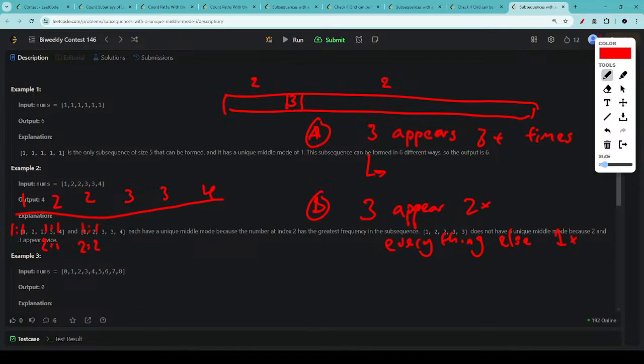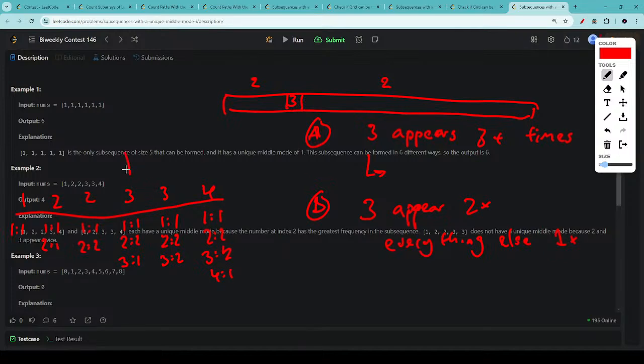There are optimizations. You don't have to do this the whole time. You don't have to keep every single dictionary. You probably have to keep only the one at the end and your current one. And then at 4: 1 appears once, 2 appears twice, 3 appears twice, and 4 appears once.